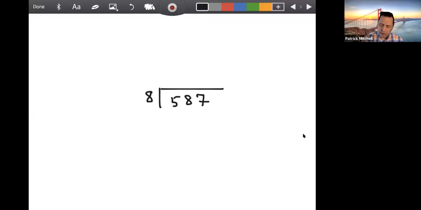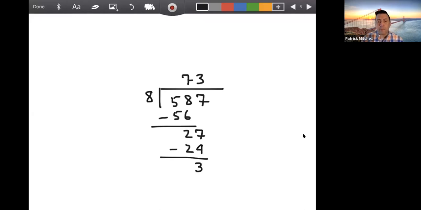So 8 goes into 58 7 times. 7 times 8 is 56. Subtract, get 27. 8 into 27 goes 3 times. And the remainder is 3. So what's special about 3 is that it's greater than or equal to 0, and strictly less than 8.